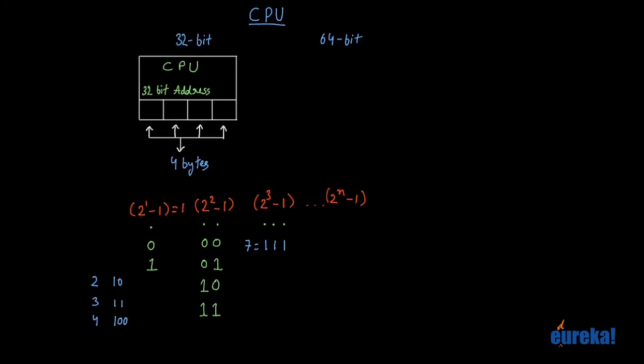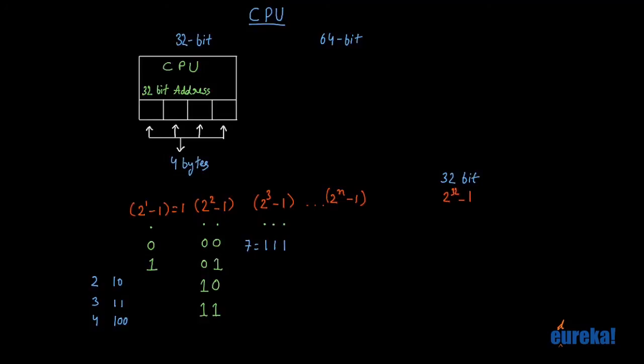To have a better understanding of the binary number system, kindly go to the Wikipedia page for the binary numeral system. Now, if your CPU has 32 bits to store an address, the largest address it can store is, as you just learned, 2 to the power of 32 minus 1. This is the largest number the CPU can store in the 4 bytes that it has.